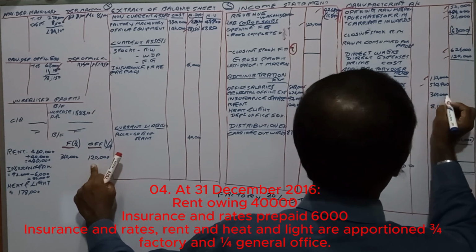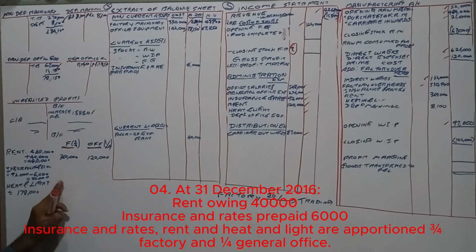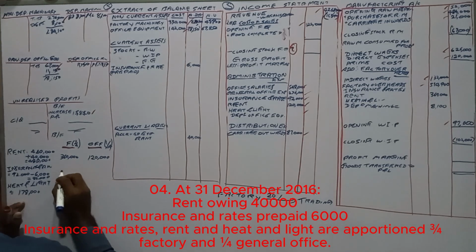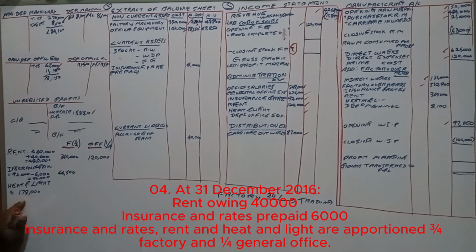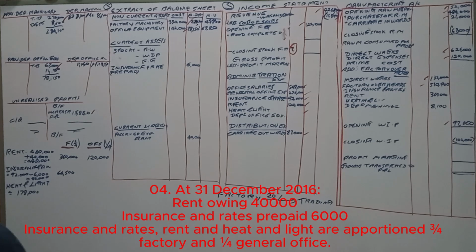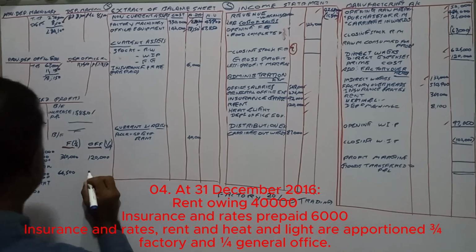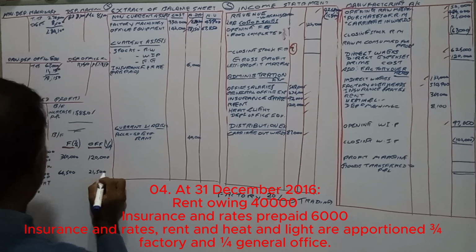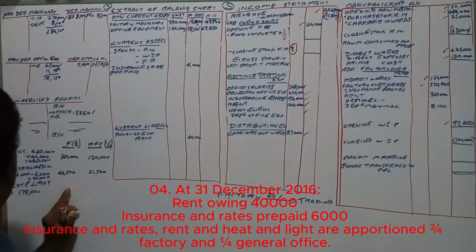And insurance and rates is 86,000. 86 divided by 4 is 21.5, into 3, 64,500. 64,500 is the factory amount, and 21,500 is the office apportionment, right?